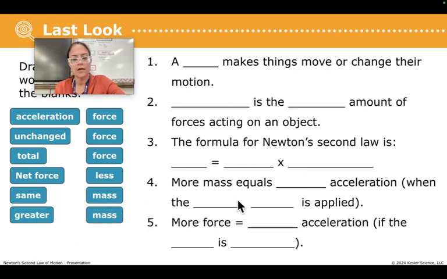Greater acceleration when the same force is applied. And more force equals blank acceleration if the, what would this be? More force equals less acceleration if the mass is greater. Yeah. So more mass equals less acceleration, more force equals more acceleration.